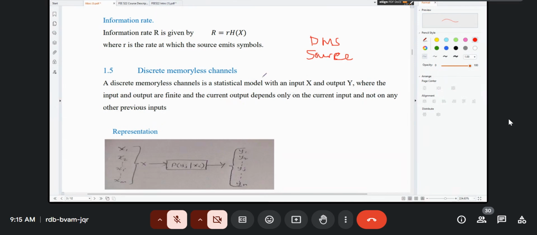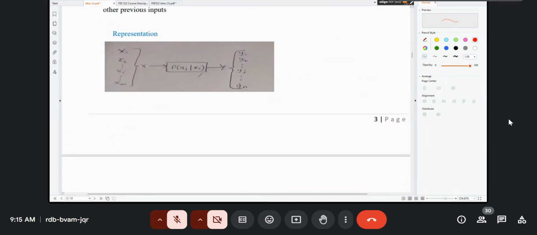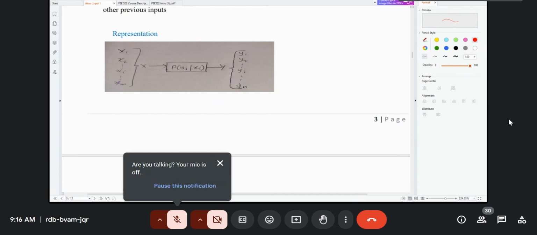A DMC can be represented this way by what are called transitional probabilities, P of y_j given x_i, where i goes from 1 to m, and j goes from 1 to n.